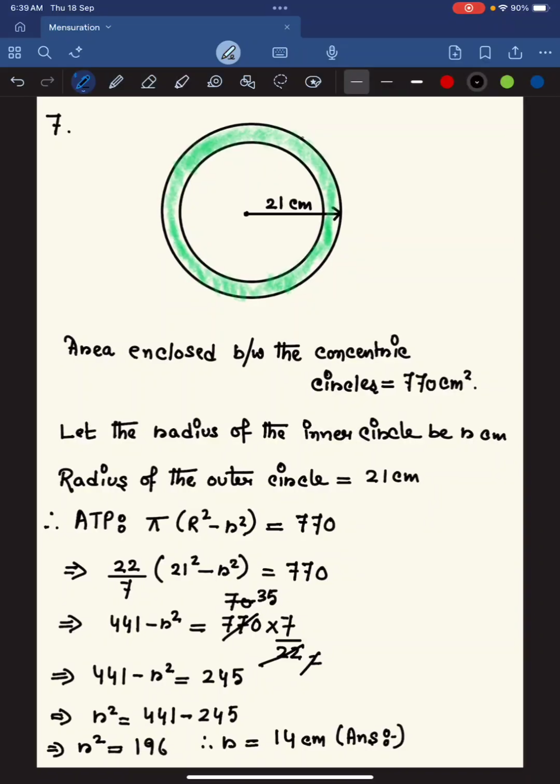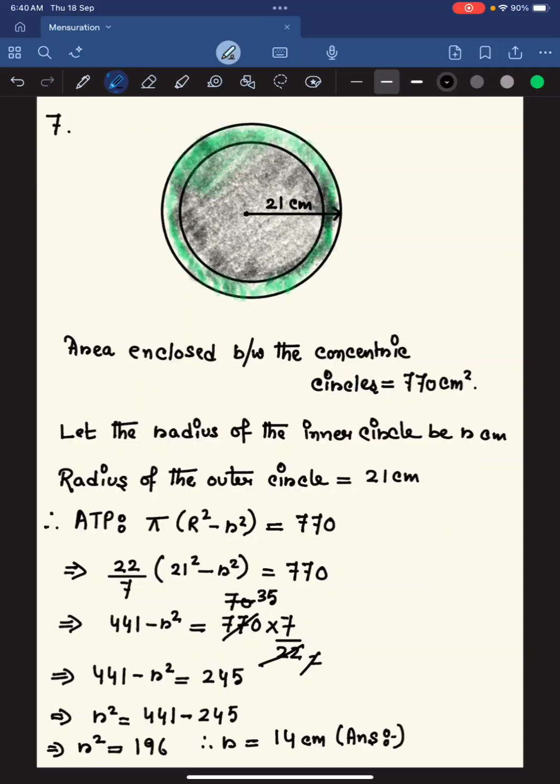See, if we take the area of this entire circle, the outside circle, the bigger circle, then it covers this much distance, and if we take the area of the smaller circle, then it will be only this much portion, right?